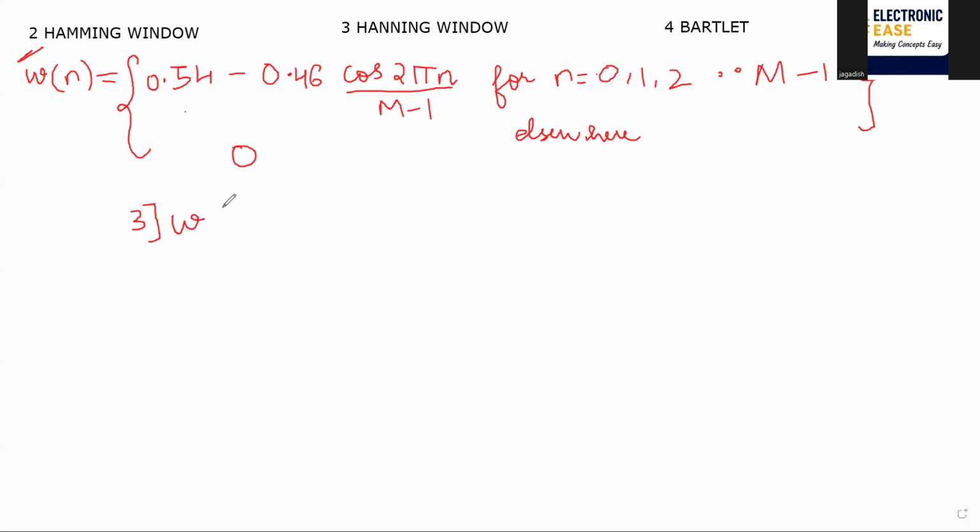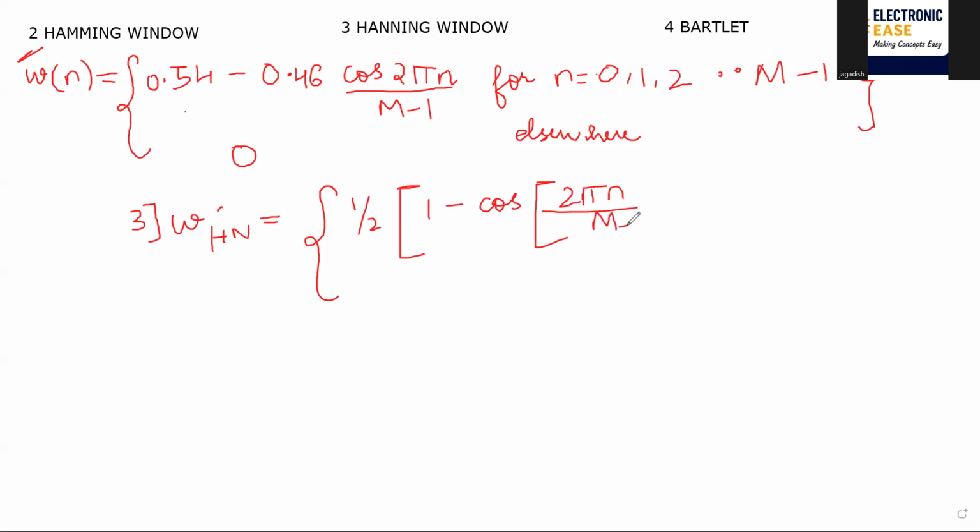The Hanning window formula is omega h n is equal to half into 1 minus cos 2 pi n divided by m minus 1, for n equal to 0 to m minus 1, and it will be 0 elsewhere. So for the other values, it will be 0.